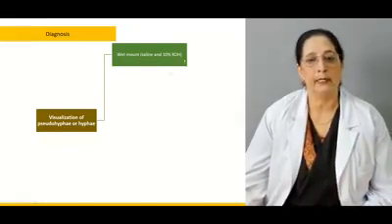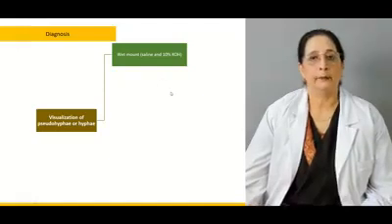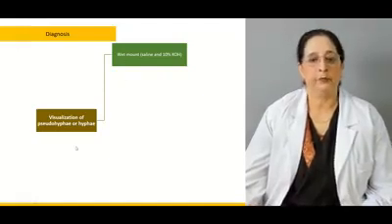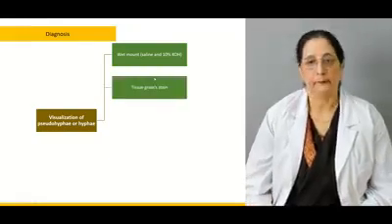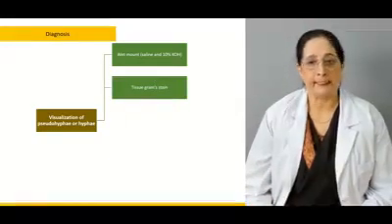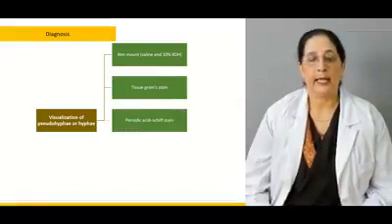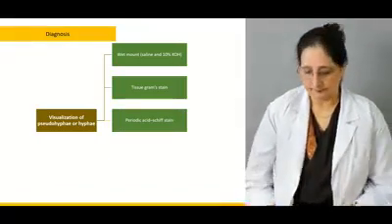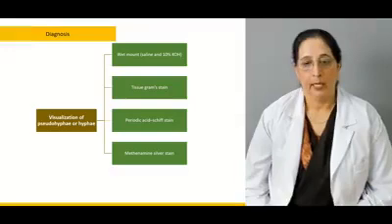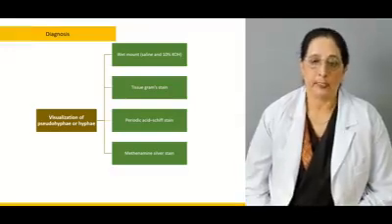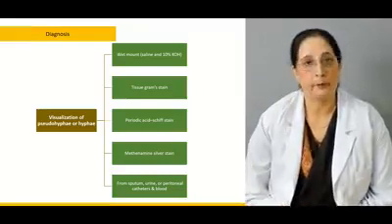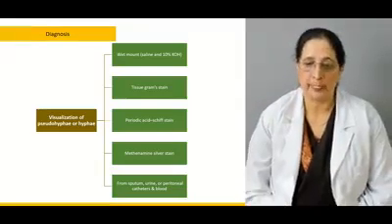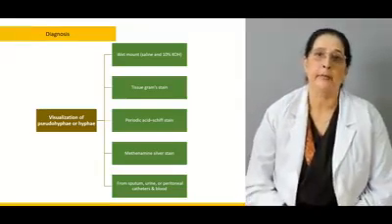That's a very common preparation for visualization of pseudo-hyphae and hyphae. Then tissue Gram stain, periodic acid-Schiff stain, PAS, methenamine silver stain, and visualization from sputum, urine, or peritoneal catheters and blood.